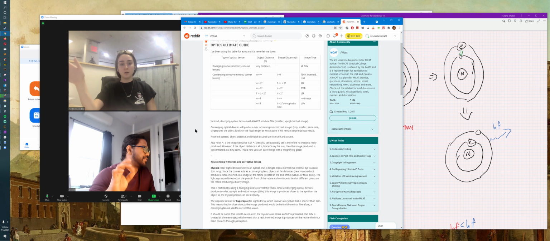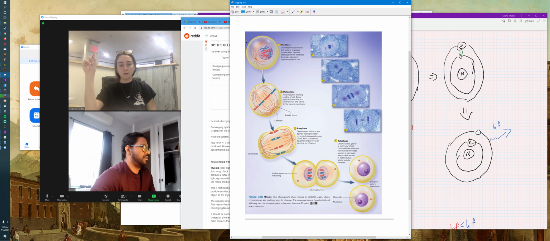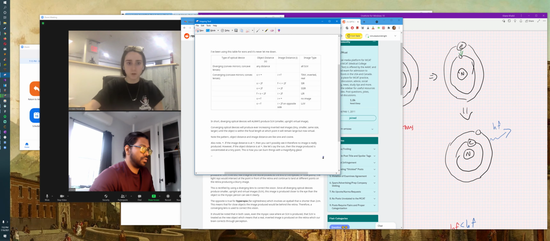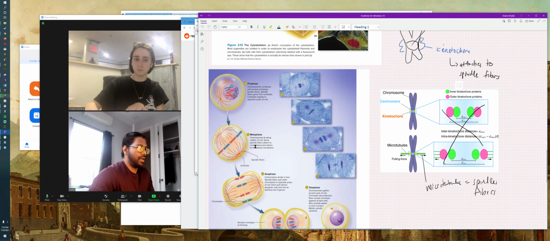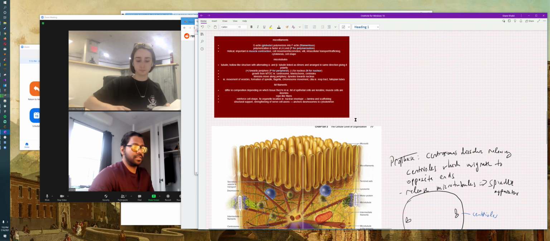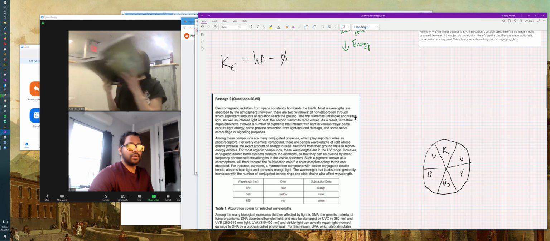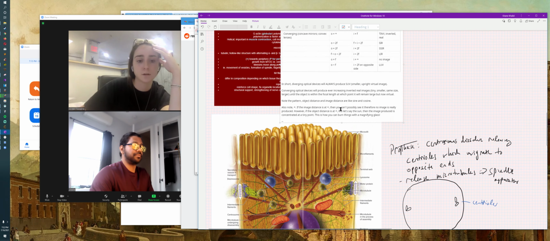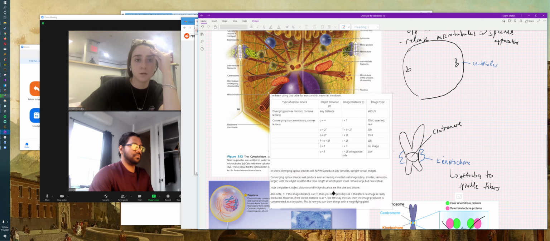Yeah, they're vice versa. Those are always reduced, upright, and virtual. I have the convex. I'm going to copy and paste the thing from that Reddit post that I made.